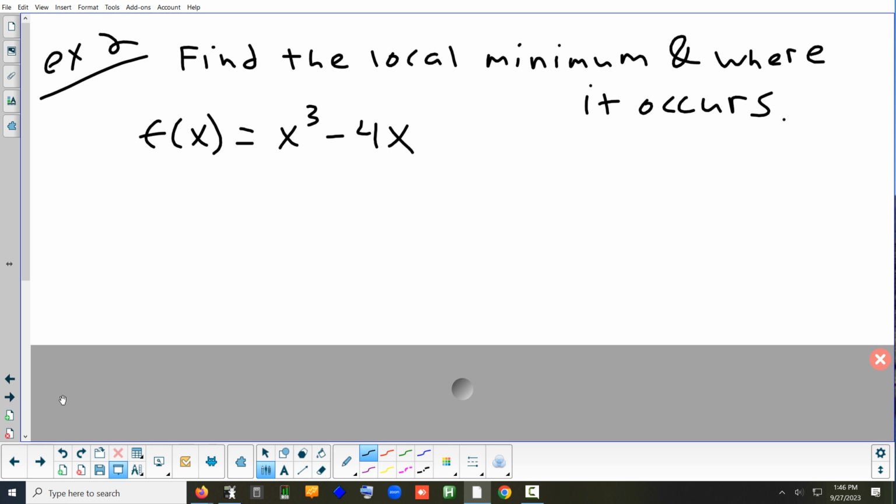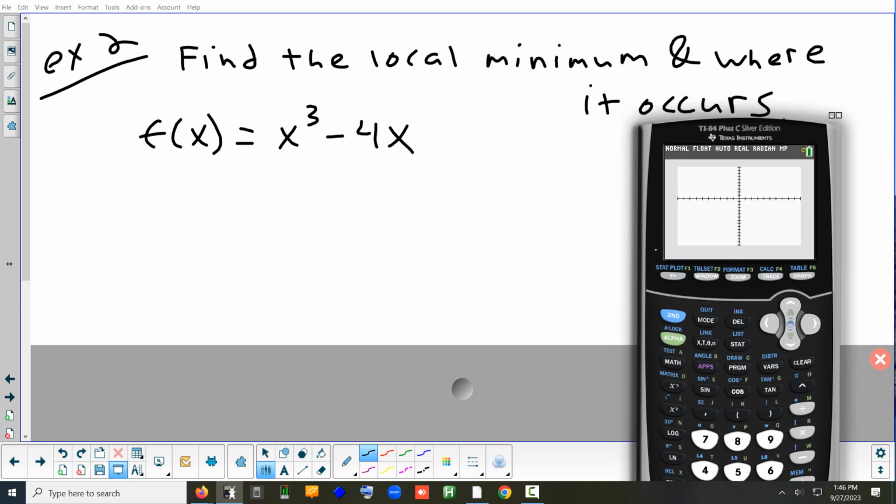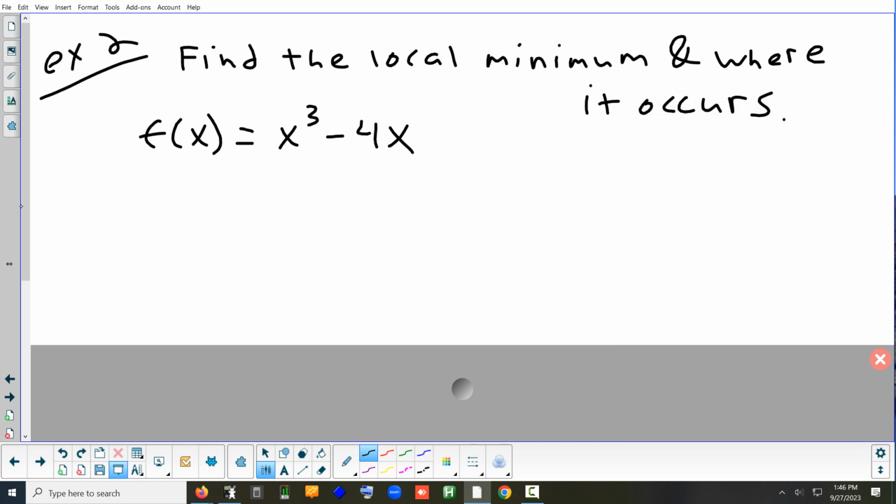All right, so here's an example. x cubed minus 4x. It says find the local minimum and where it occurs. Now, just to be clear what that means.